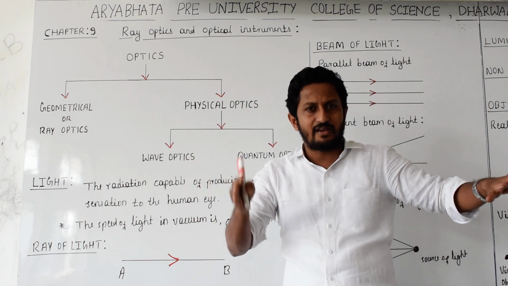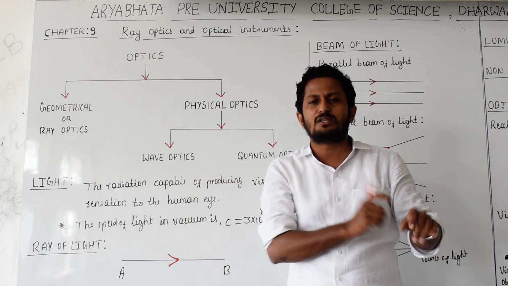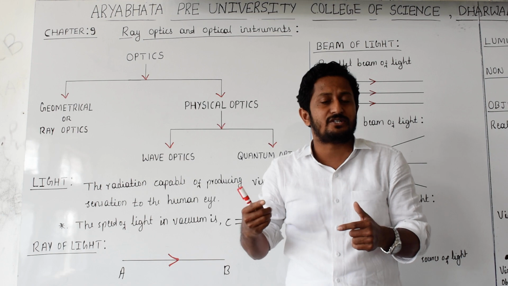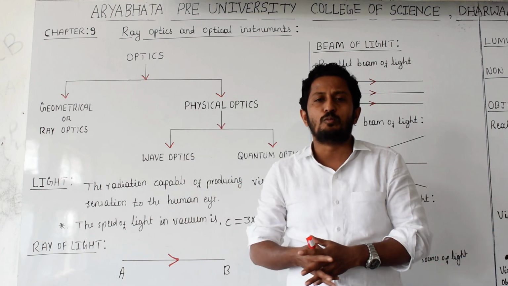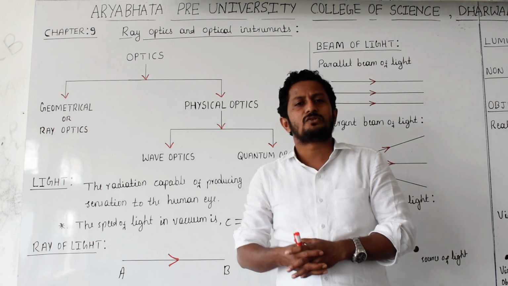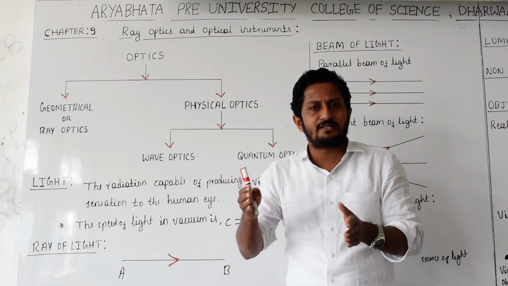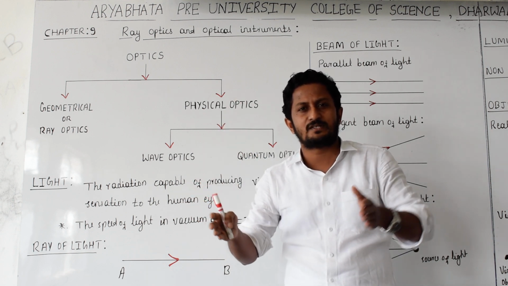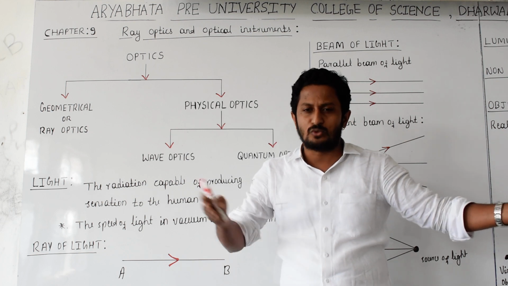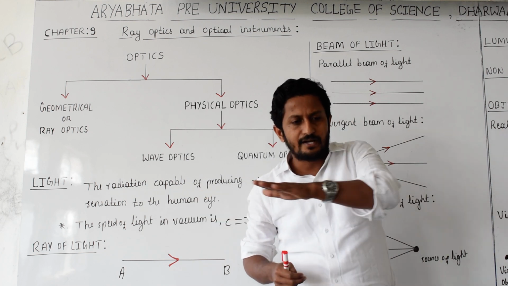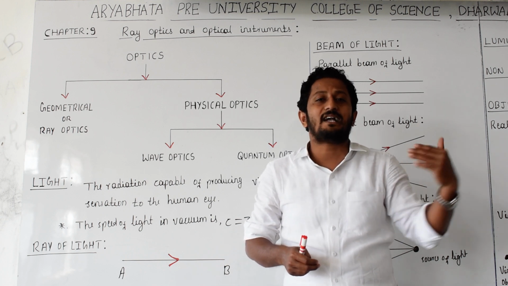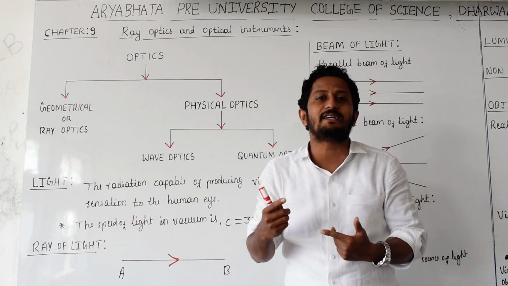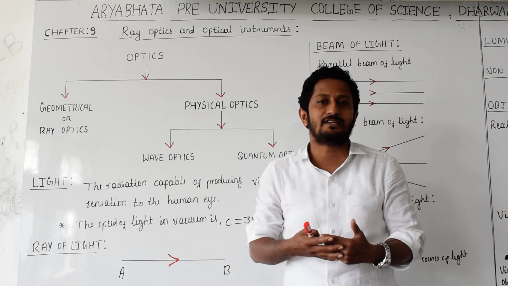That molecular concentration should remain the same. That we call a homogeneous medium. So when light moves from one reference point to another through a homogeneous medium, it is going to occupy a straight line path. That we call rectilinear propagation of light.